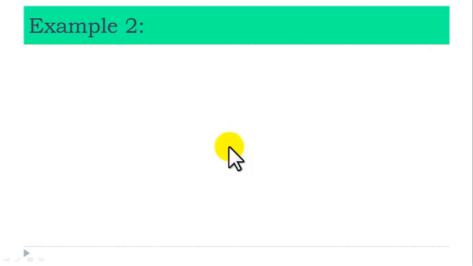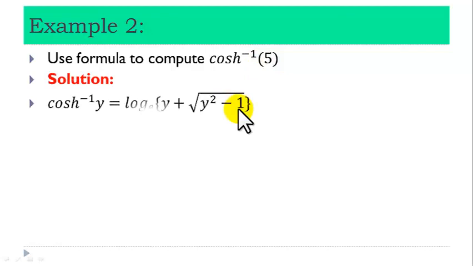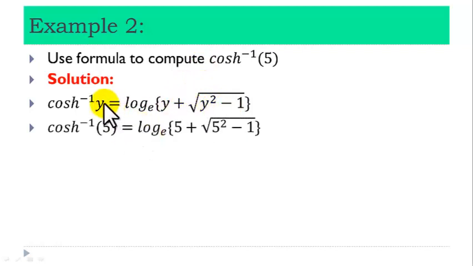Example 2. Use the formula to compute arccosh 5. Solution. We recall that the principal value of arccosh y is equal to the natural log of y plus the square root of y squared minus 1. Putting y equals 5, we have arccosh 5 is equal to the natural log of 5 plus the square root of 5 squared minus 1.